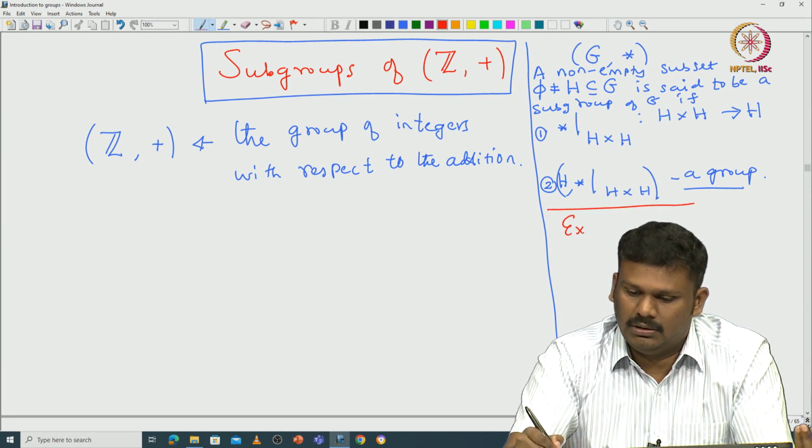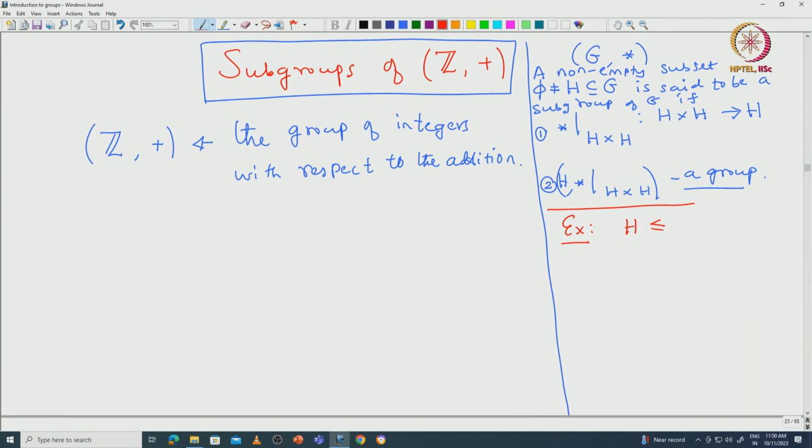Once you know that H is a subgroup, we use the notation H less than or equal to G to denote that H is a subgroup of G. Then the identity element of H, E H, should be the same as E G. The second thing: given A in H, the inverse with respect to H should be the same as with respect to G. These two things are very easy to check, so I will leave it to you.